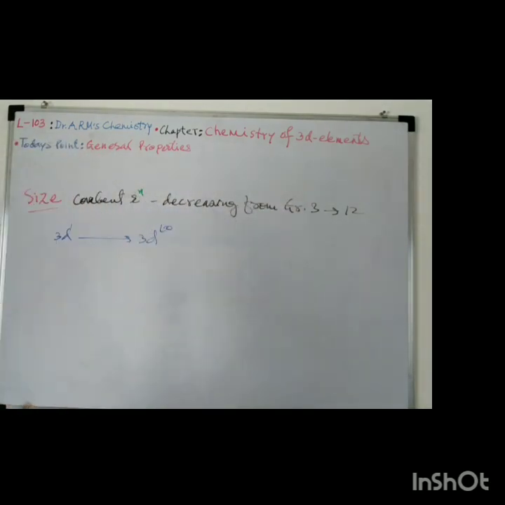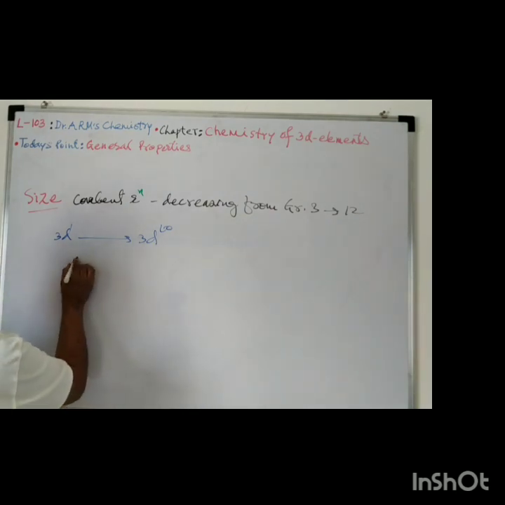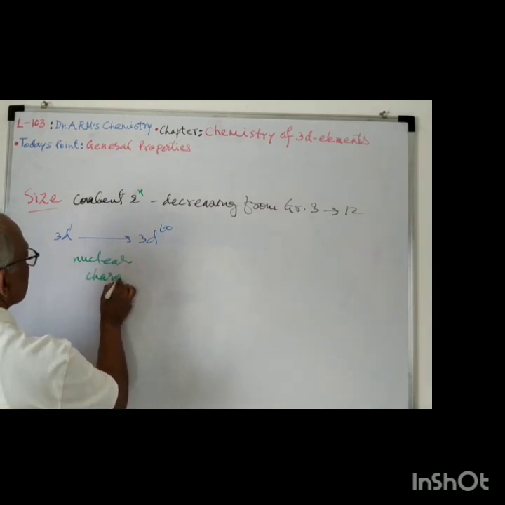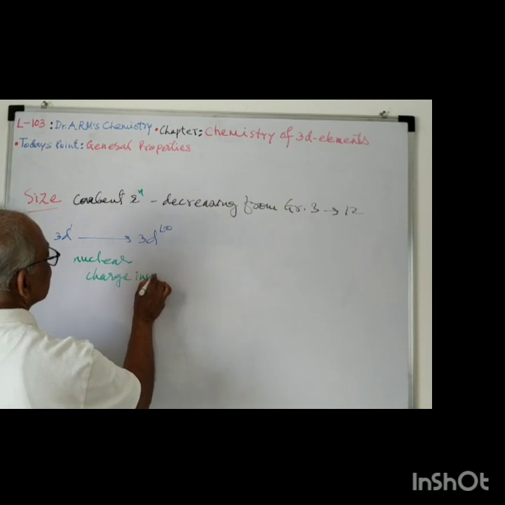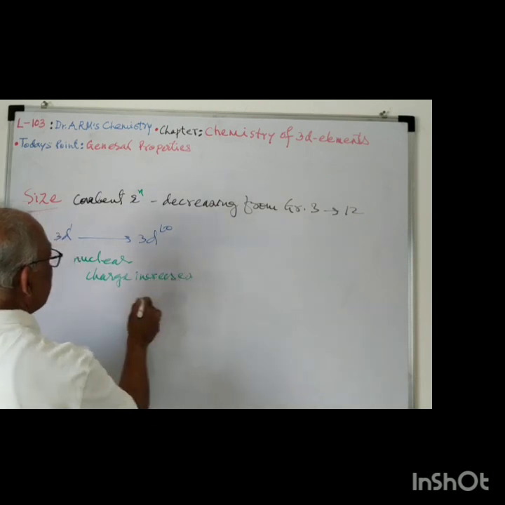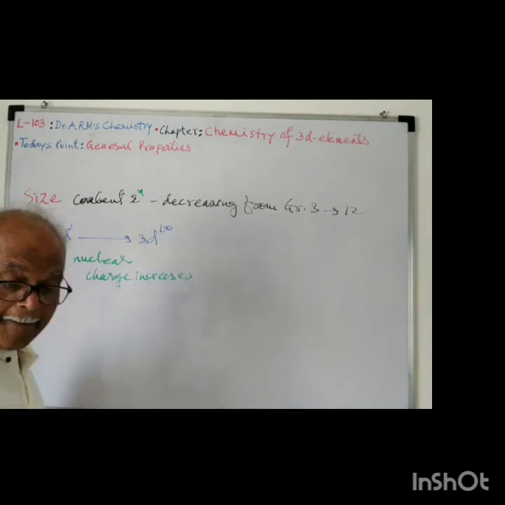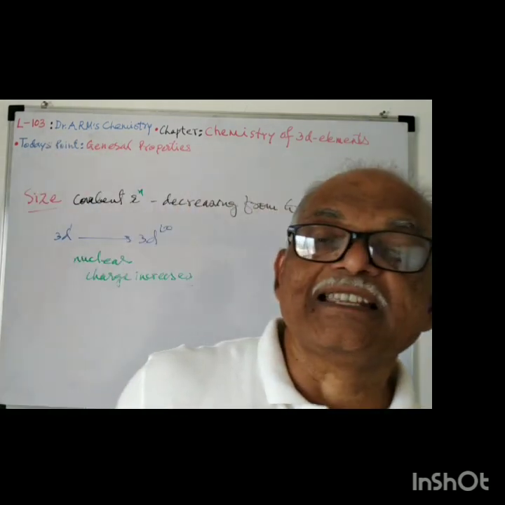As we move from 3d1 to 3d10, the nuclear charge increases, and this is shielded by these electrons.